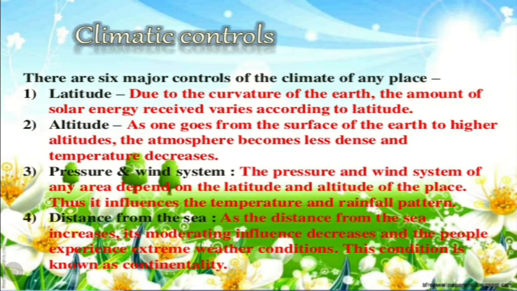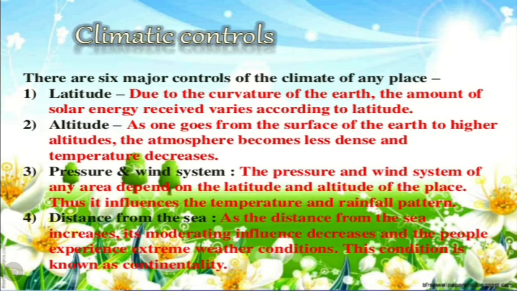Then next is pressure and wind system. The pressure and wind system of any area depend on the latitude and altitude of the place. Thus, it influences the temperature and rainfall pattern.